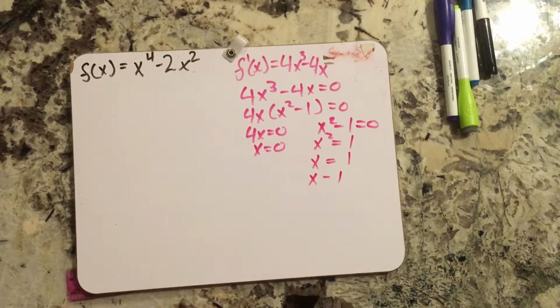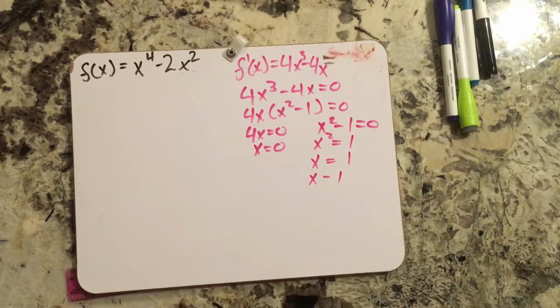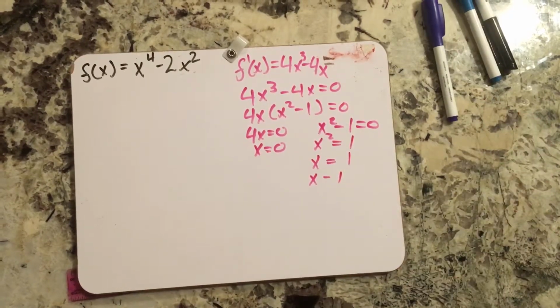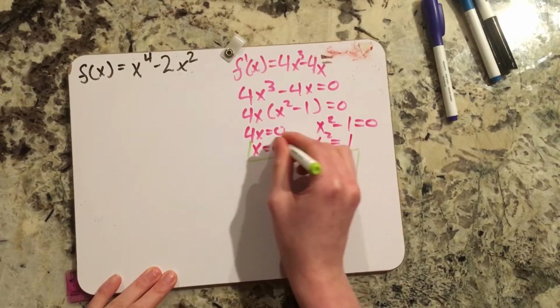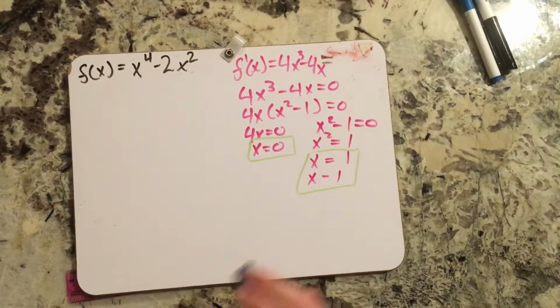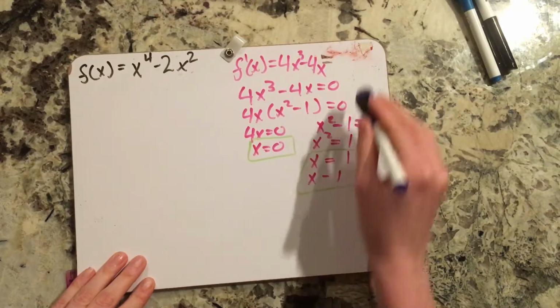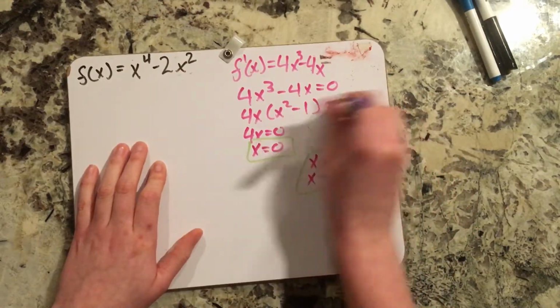Okay, so with this, because we have more critical values, these two here and these two here, we're going to have more intervals, because if you remember, our critical values map out what intervals we're looking at. So I am going to rewrite these up a little bit higher so I have more space to work.